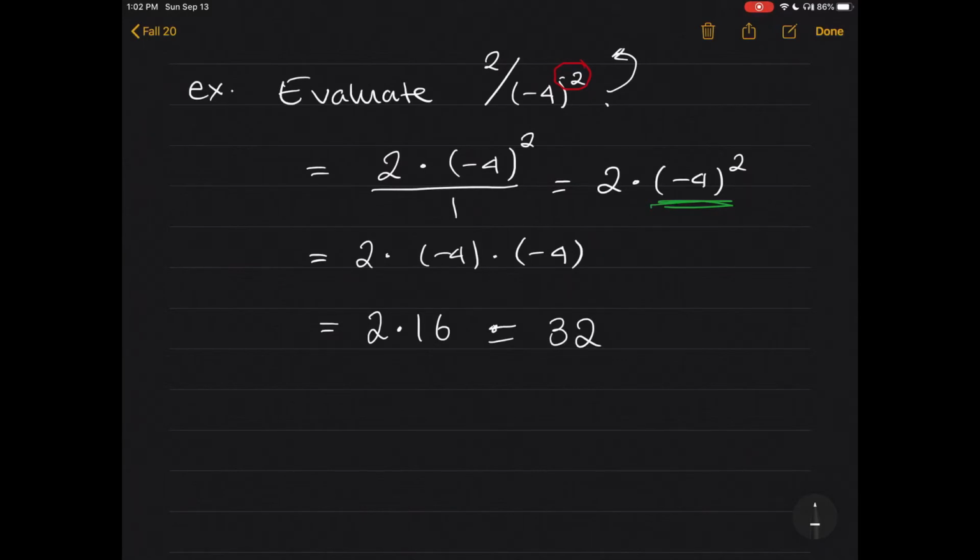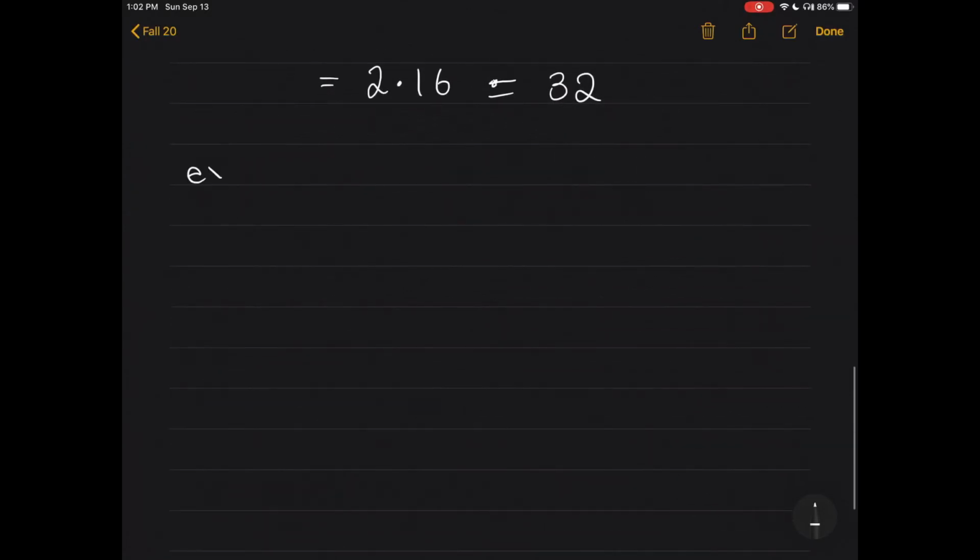Good. Let's do one more example. Let's evaluate 1/3 to the third power times 3 to the negative 1, plus 99 to the 0th power.